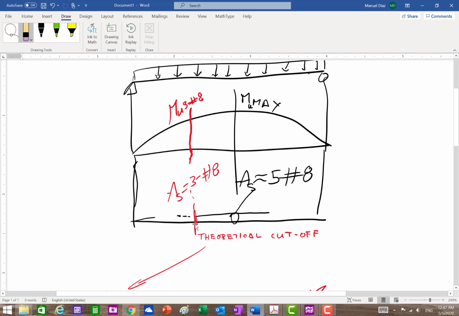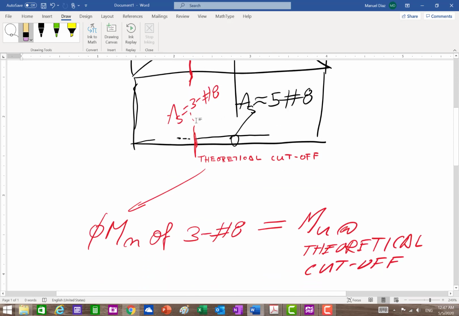Okay, so this point where the moment in the diagram equals the design strength of 3 number 8 bars, that's your theoretical cutoff point. So in other words, the design strength corresponding to the bars that remain, not the bars that you're cutting, the bars that remain.